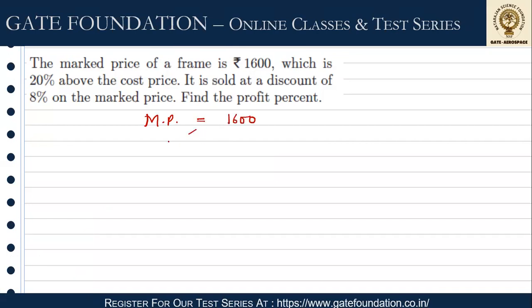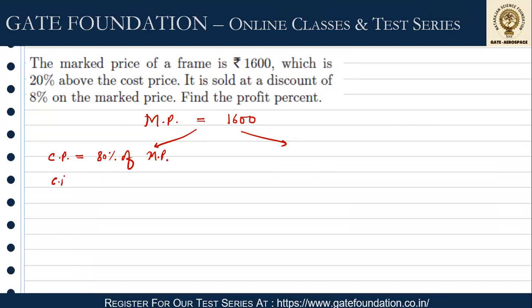So mark price 1600. I'll calculate two things separately. First of all, it is 20% above the cost price. So I can say that the cost price is 80% of the mark price. Okay.